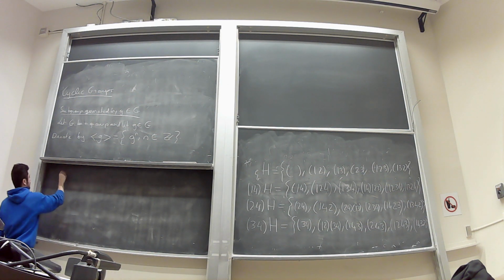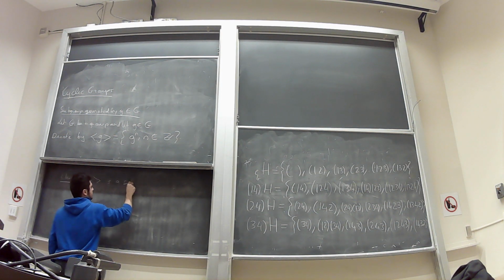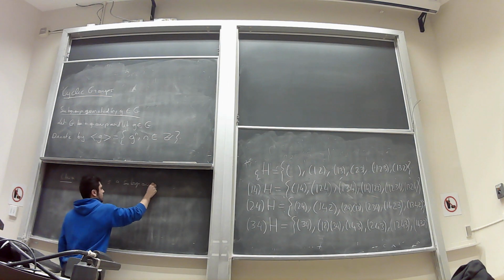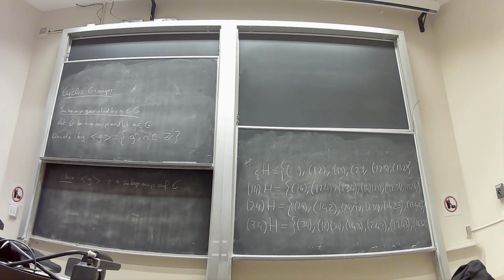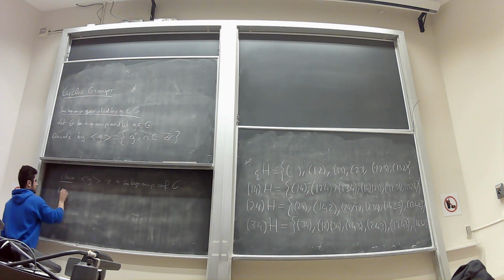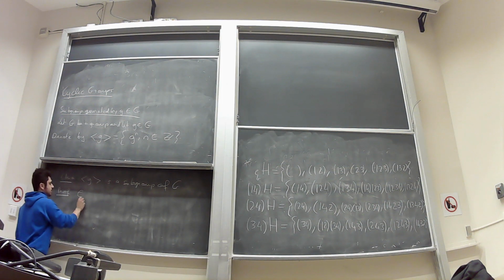Claim: angled bracket g is a subgroup of big G. Okay, let's prove that. The identity of G is g to the power 0, right? So the identity is there.